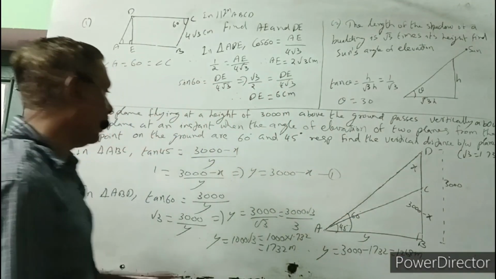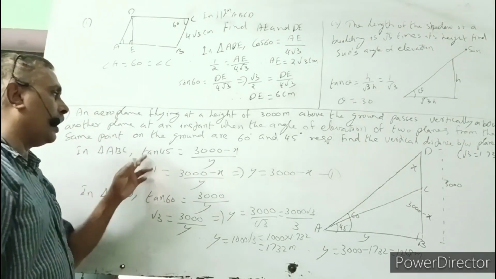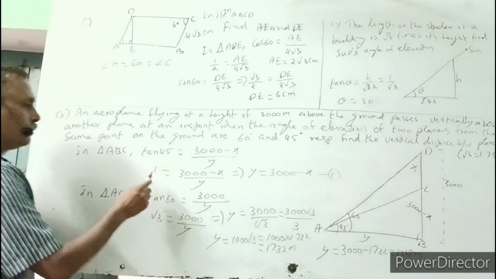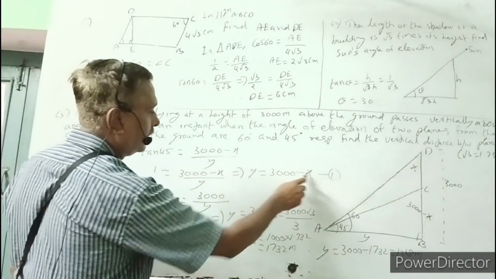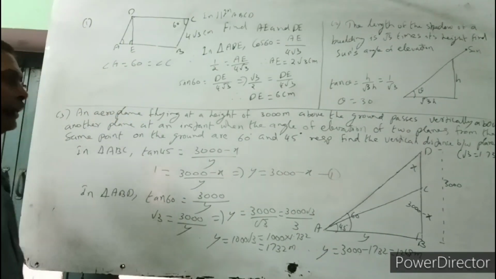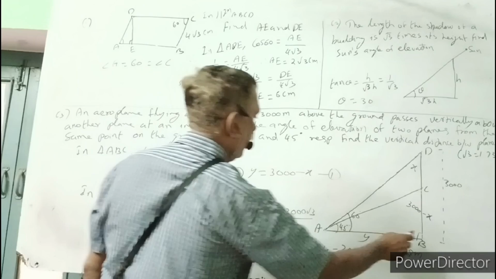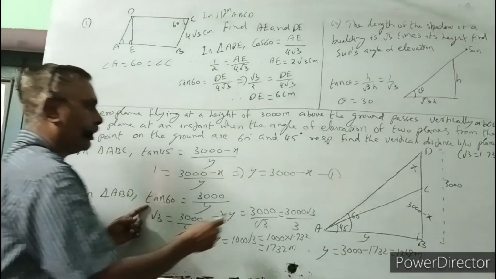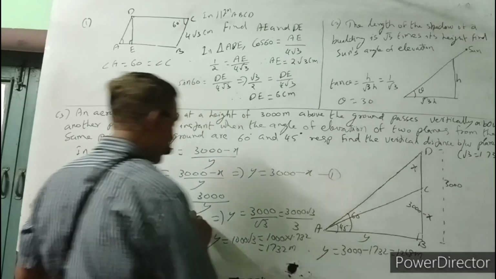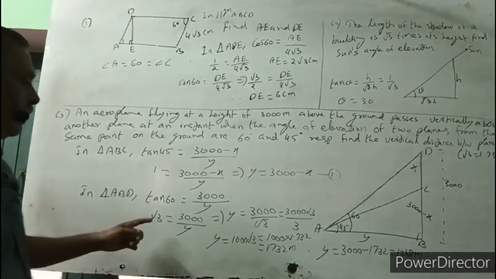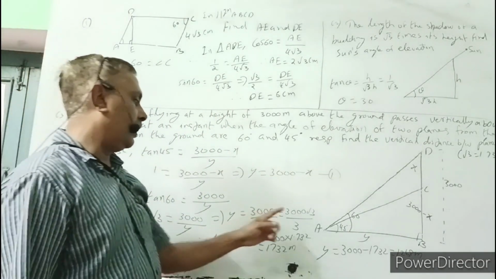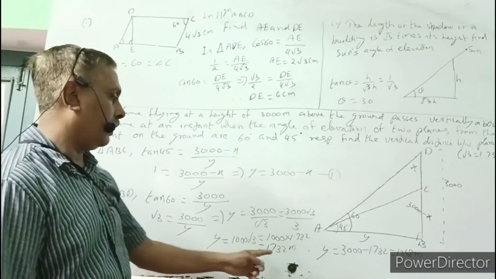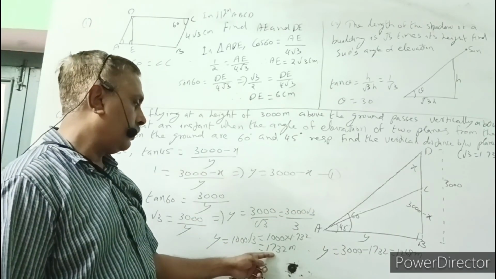So first I use triangle ABC, tan 45, so 3000 minus x upon y. So you will get y is equal to, there is a relation between y and x you will get. Then I use triangle ABD. In triangle ABD, tan 60 is equal to BD upon y, so 3000 upon y. Simplifying y, using rationalization, you will get 1732.